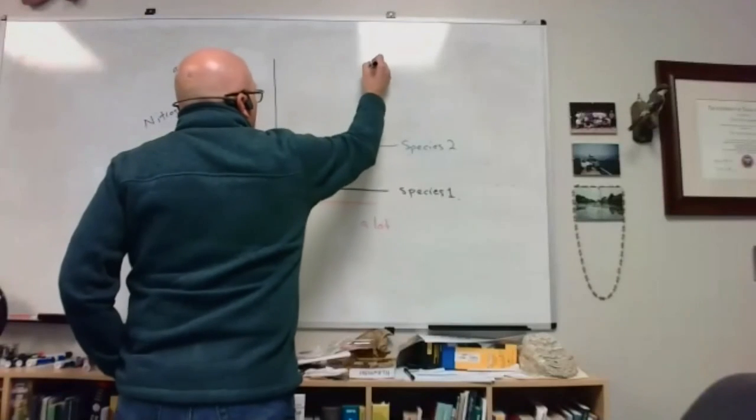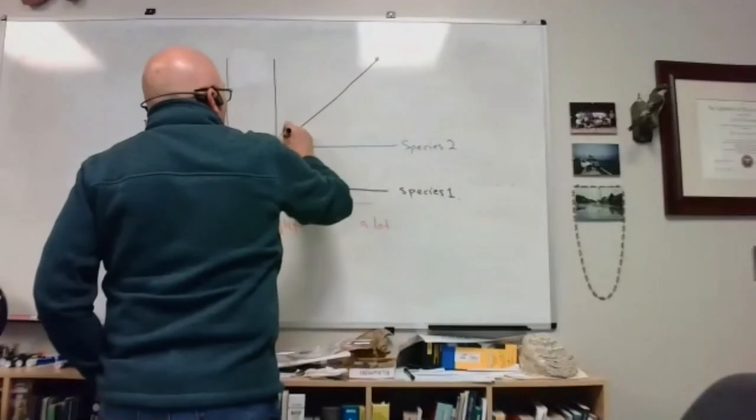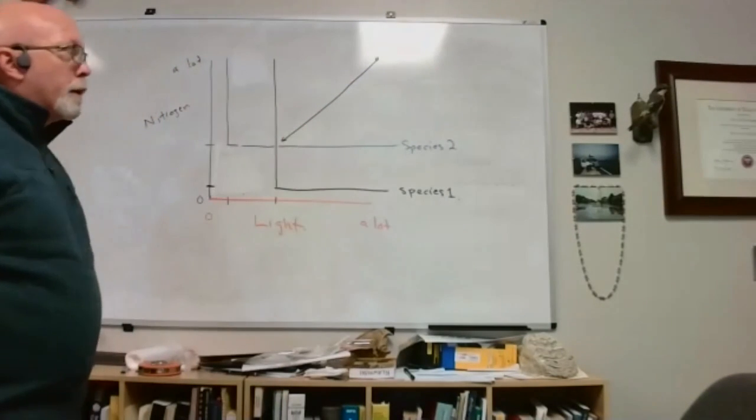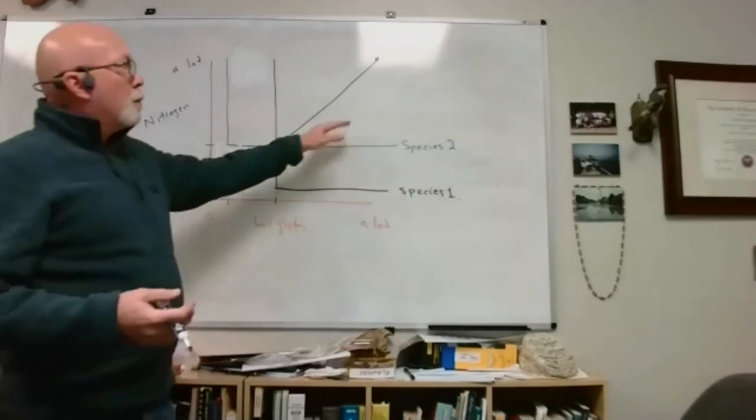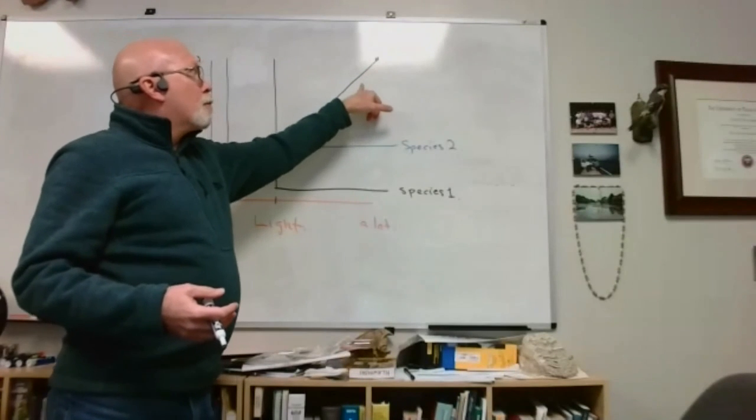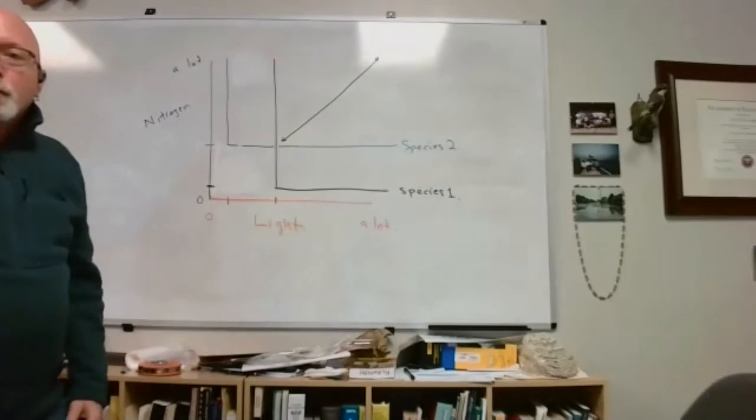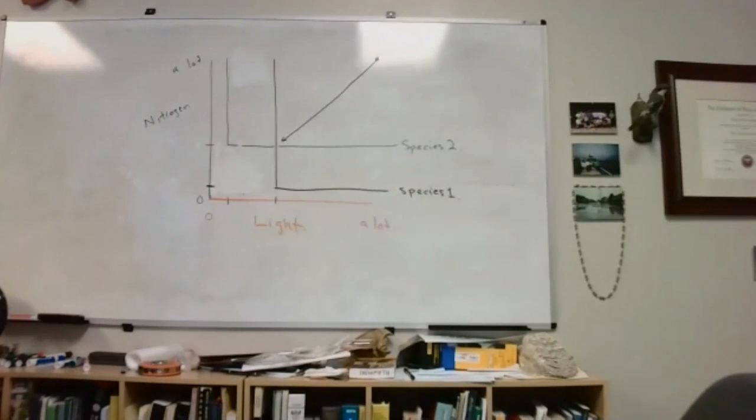The resources start to go down, and so these populations will move in this direction because species 1 and species 2 are both using up light and they're both using up nitrogen. And so as population size increases, you have fewer and fewer resources in the environment because these species have been using them up.